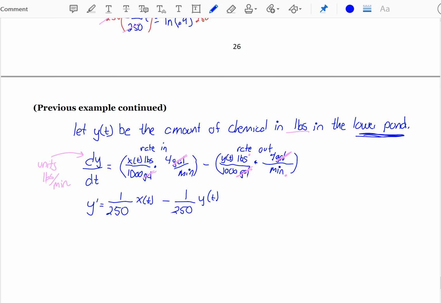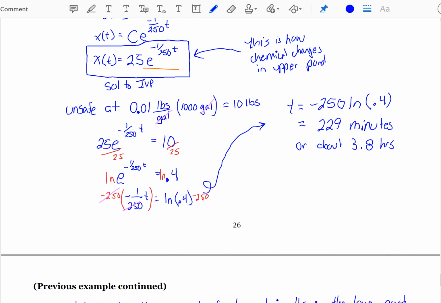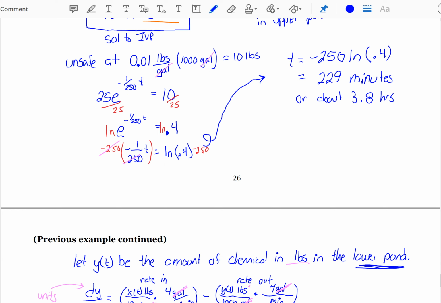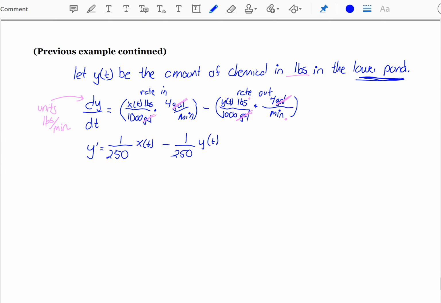So now I'm going to grab our x of t from our previous solution. Remember, x of t, the amount of chemical in the first pond, is represented by 25 e to the negative 1/250th t. So let's plug that in for x of t, so that we can write y prime is 1/250th times 25 e to the negative 1/250th t minus 1/250th y of t.